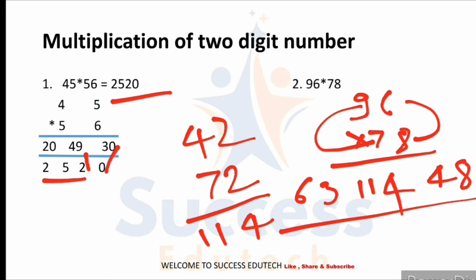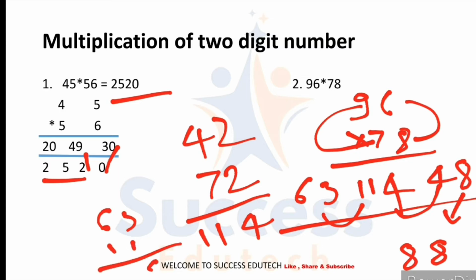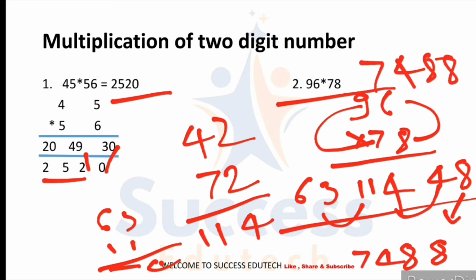Now take the last digit, the unit place digit, 8, as it is. Now 4 becomes carry, we get 118. So I am writing here 8. 11 becomes carry now. If I add 11 to 63, we get 74. I am writing 74 here. This is my answer, 7488.